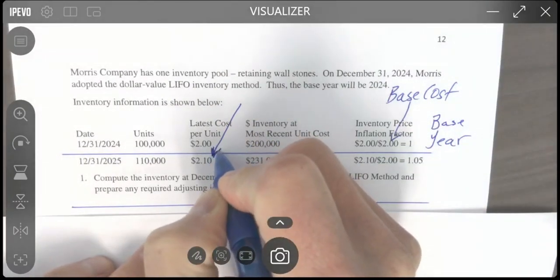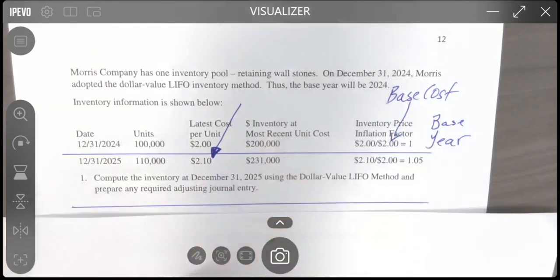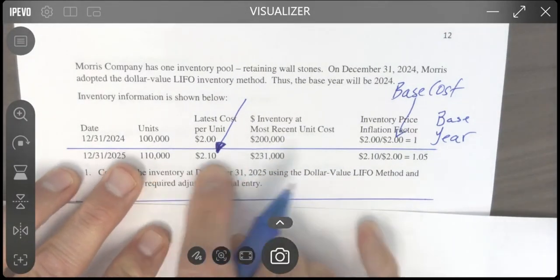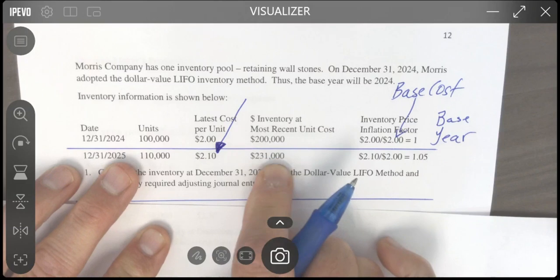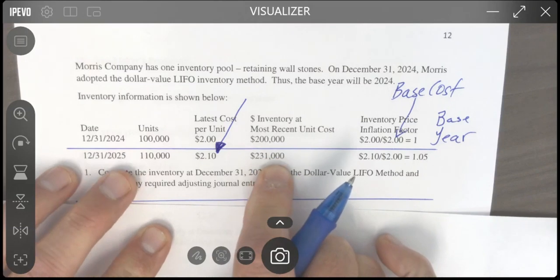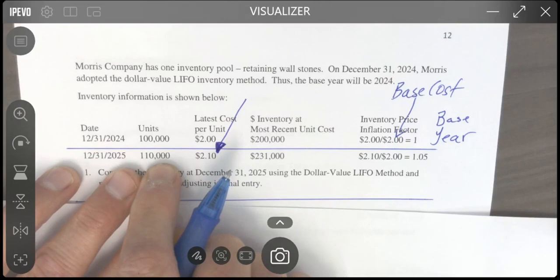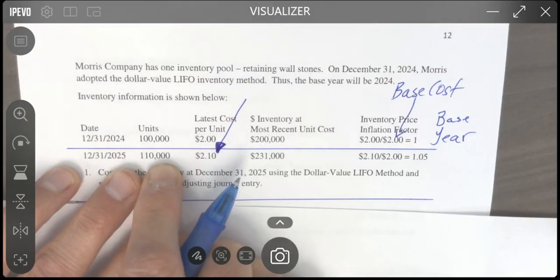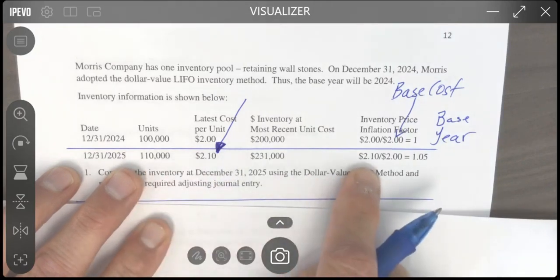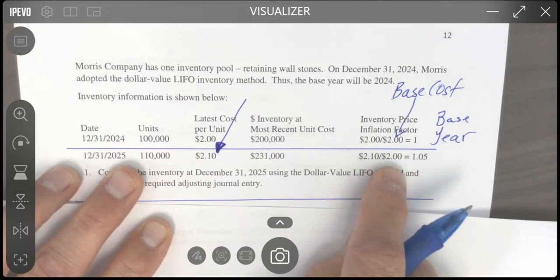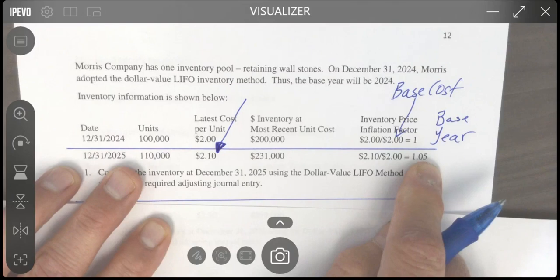So there's been a little bit of inflation in inventory acquisition prices. And so at $2.10 a stone, the FIFO inventory is $231,000, 210 times 110,000. And the inflation factor is 2.10 over $2, or 1.05.